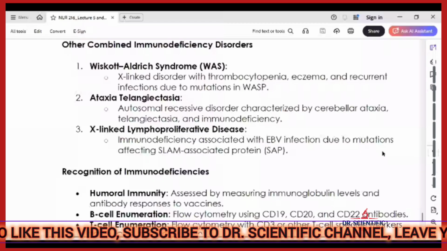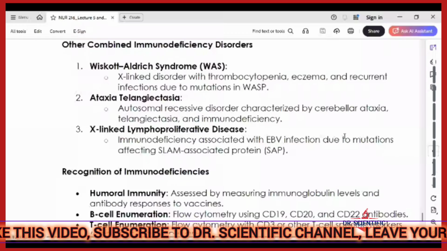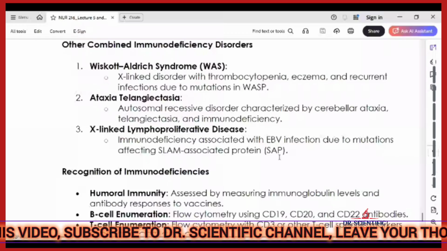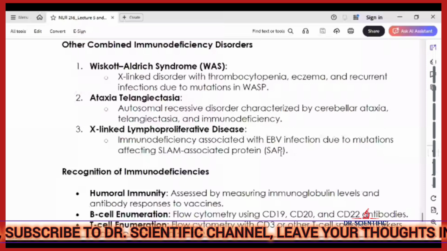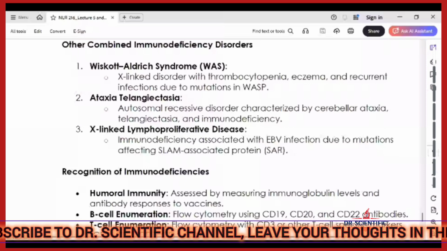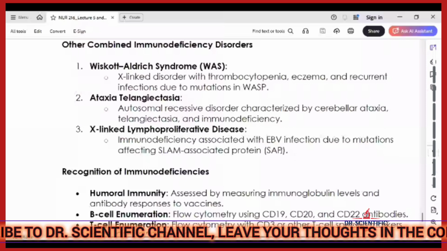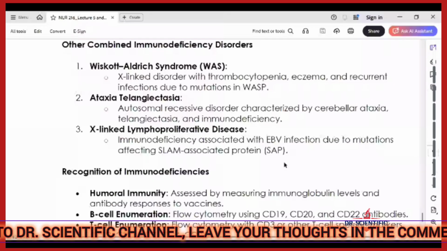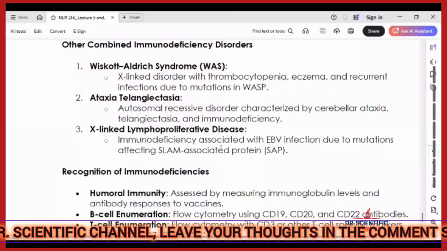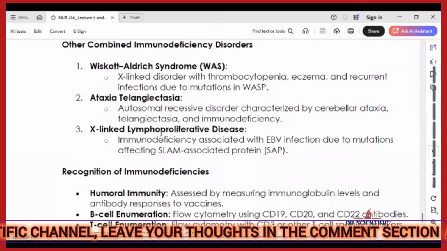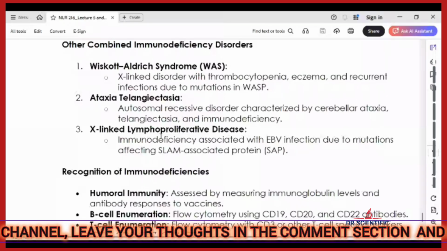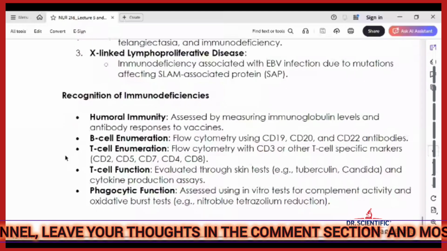The Epstein-Barr virus will introduce mutations in the gene that codes for the SAP protein, and then it leads to issues to do with proliferation of lymphocytes. So lymphocytes are not proliferating properly.